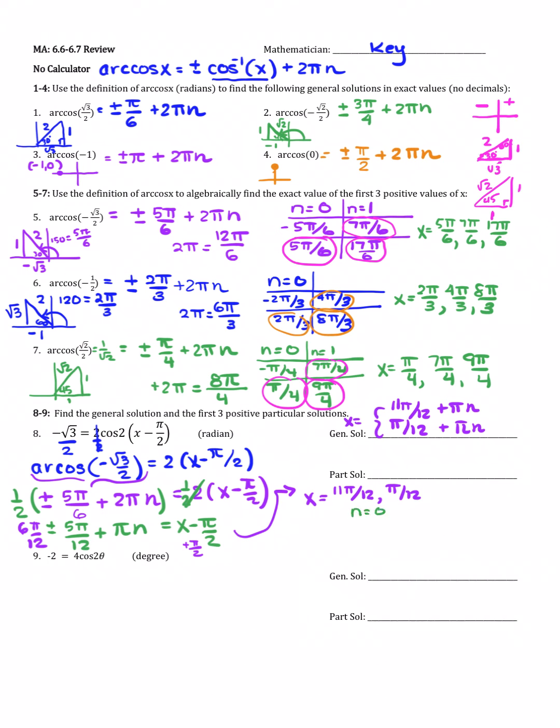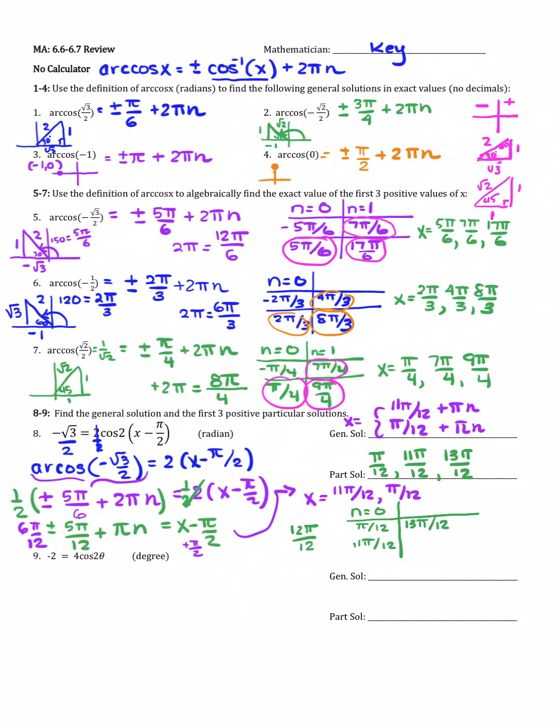So if n is 0, I'm starting with pi over 12 and 11 pi over 12. If I'm adding just pi, because that's now our period, pi is the same thing as 12 pi over 12, so I have a common denominator. So this becomes 13 pi over 12, and now I have my first three positive values. So pi over 12, 11 pi over 12, and 13 pi over 12. Those are going to be your first three answers.